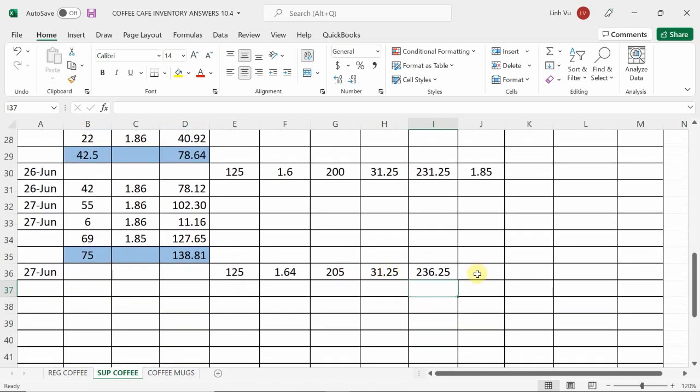So therefore, I need to solve for the cost per item here for this batch of inventory, which gives me $1.89.